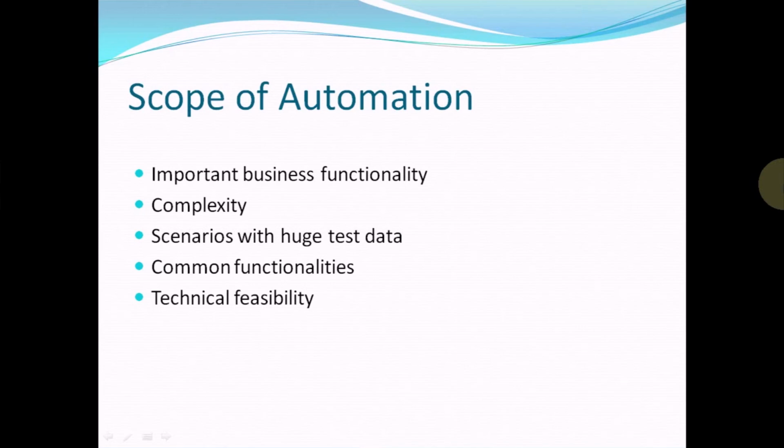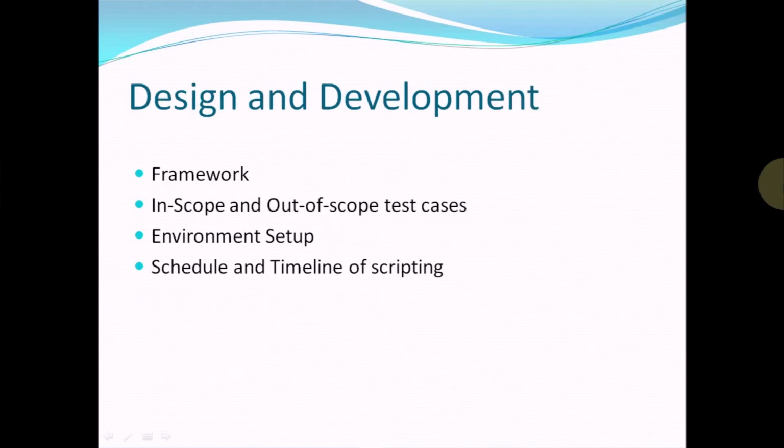We also check for technical feasibility. Suppose some test cases have complexity, we need to check that, as well as the technical feasibility. This is how we segregate the scope of automation.